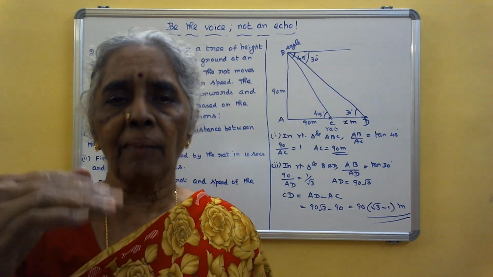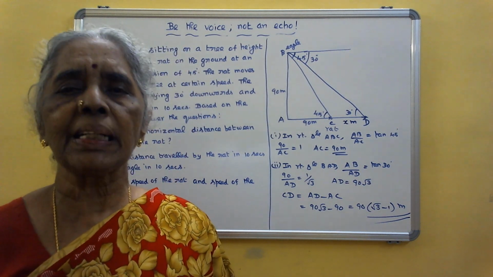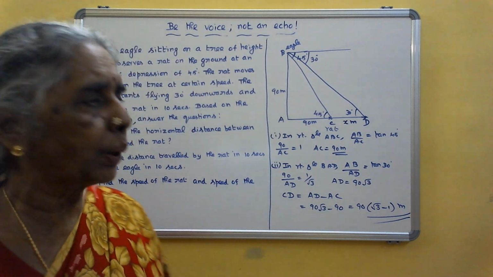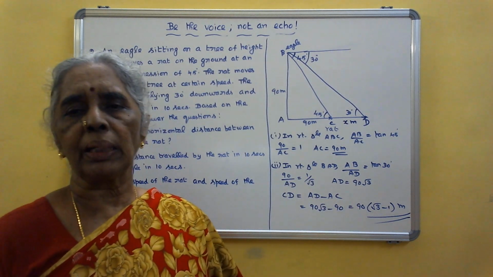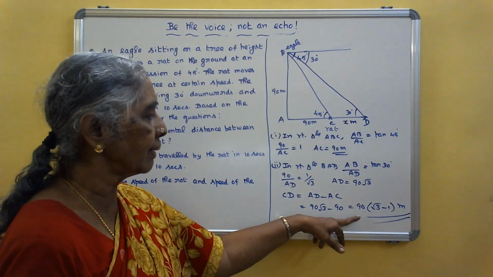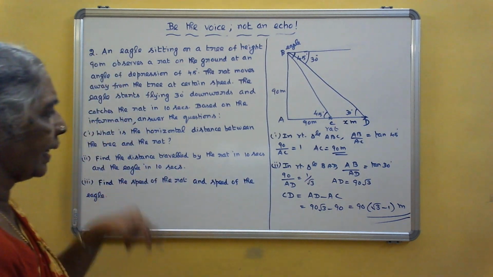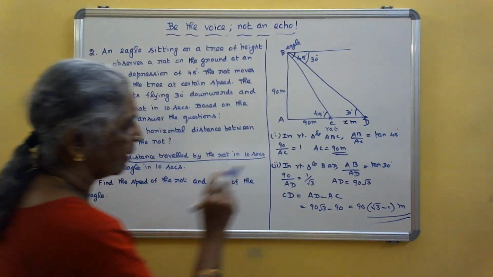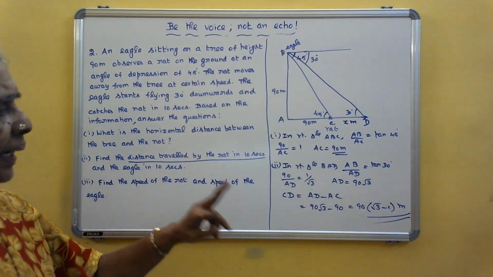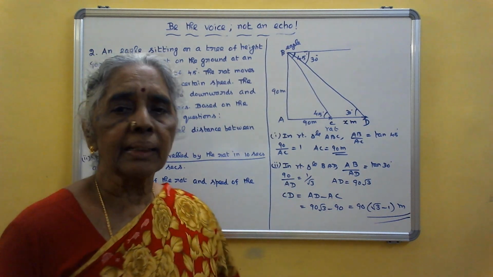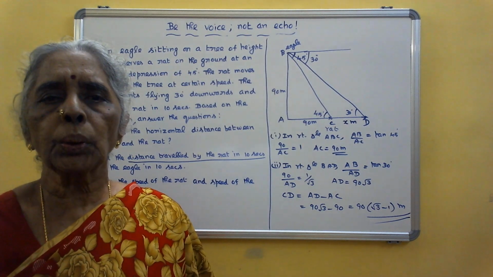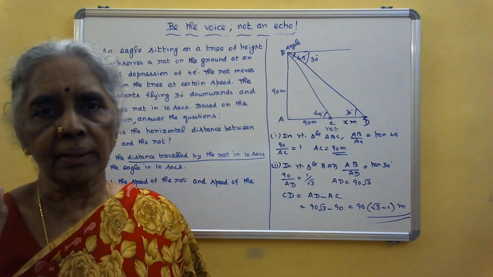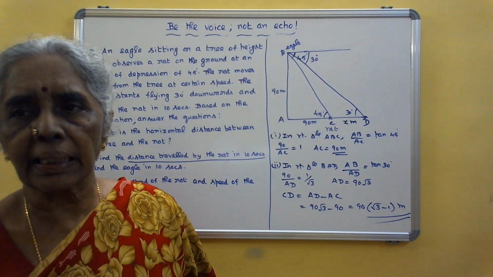If I give you the value of root 3 as 1.73 or 1.732, put it there and do the calculation. Now I am leaving it like that. So one part of the second subdivision, the distance traveled by the rat in 10 seconds, I have found out, and that is 90 into root 3 minus 1 meter. Okay, let us move on to the next part now.